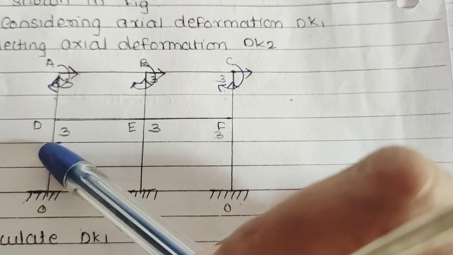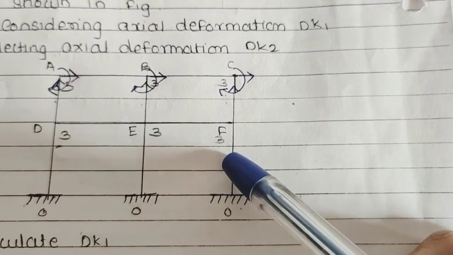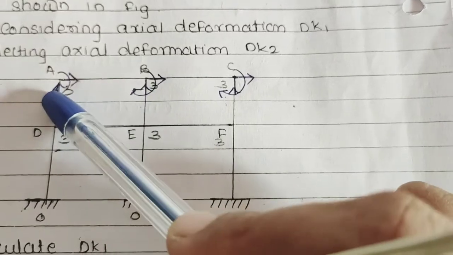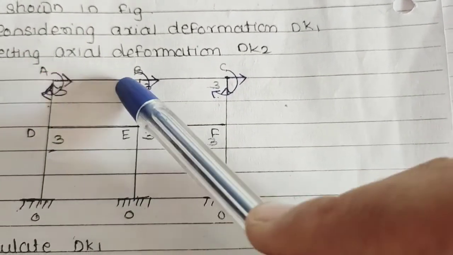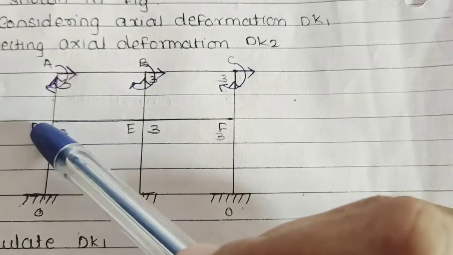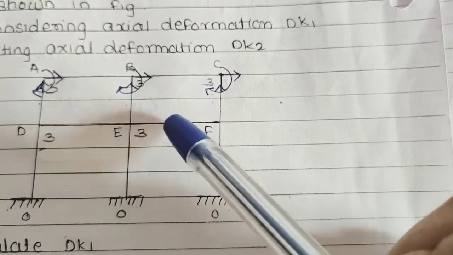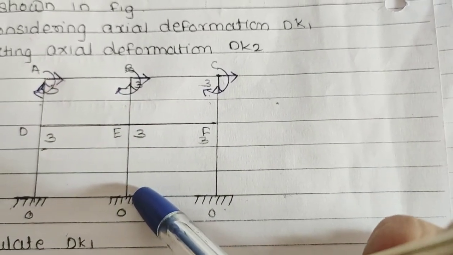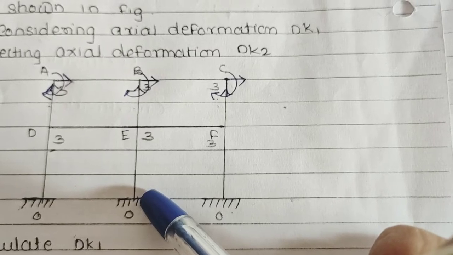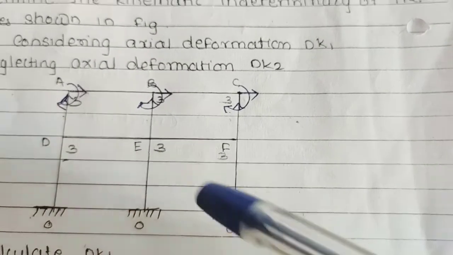Means the total number of vertical members is 1, 2, 3, 4, 5 and 6. Similarly, count the horizontal members here, AB, BC, DE and EF. Means horizontal members are 4 and vertical members are 6. Means total members where we neglect the axial deformation are 6 plus 4, that is 10.